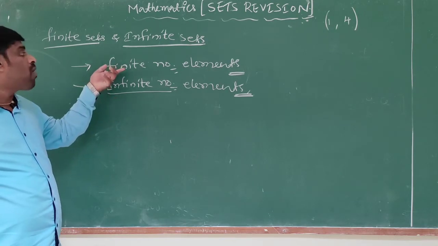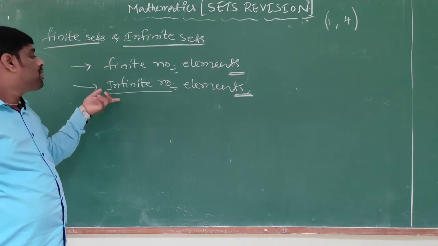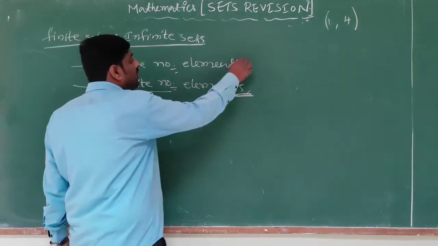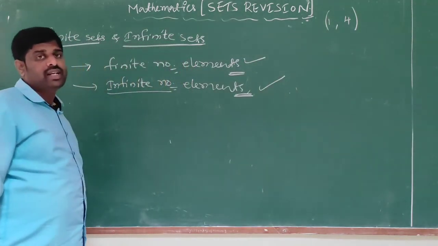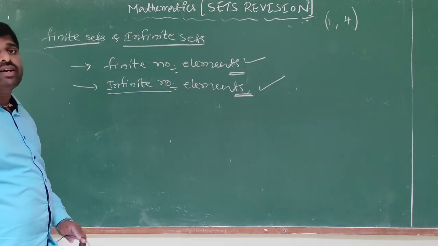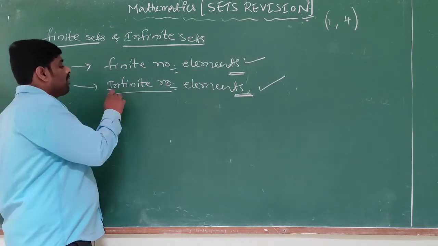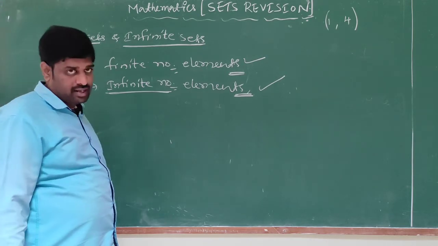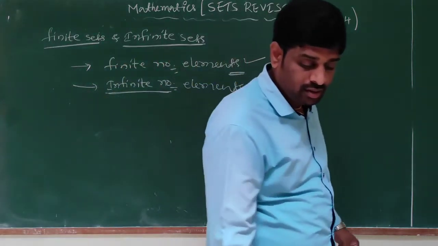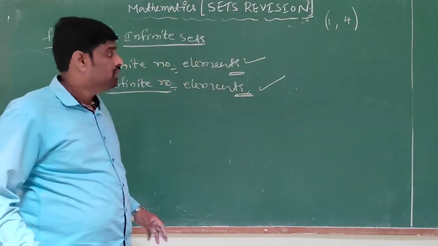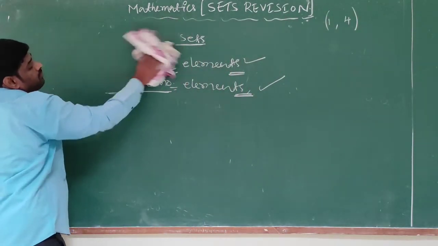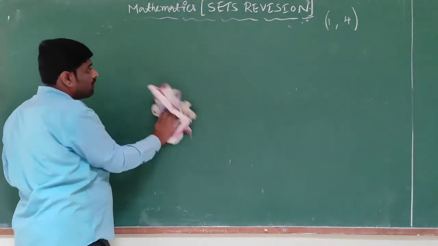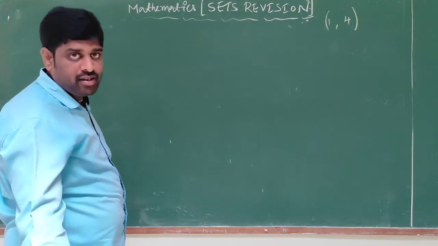So finite set contains a finite number of elements, and infinite set means the set containing an infinite number of elements. Okay, next we will move on to subset. Based on finite, infinite and null set, I already discussed exercise 1.2.